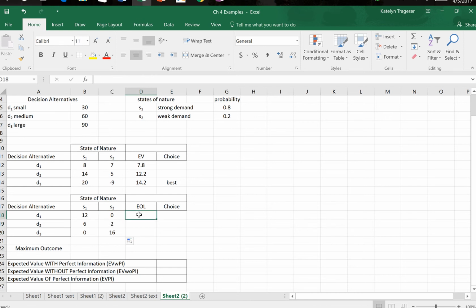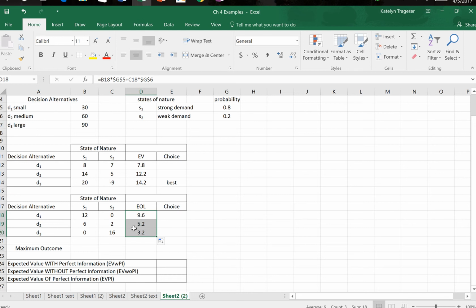Now our expected opportunity loss, or what we might miss out on, is simply equal to state of nature 1 multiplied by the probability that we will have state of nature 1, or a strong demand, plus state of nature 2 multiplied by the probability that we will have state of nature 2, or a weak demand. Drag that down.